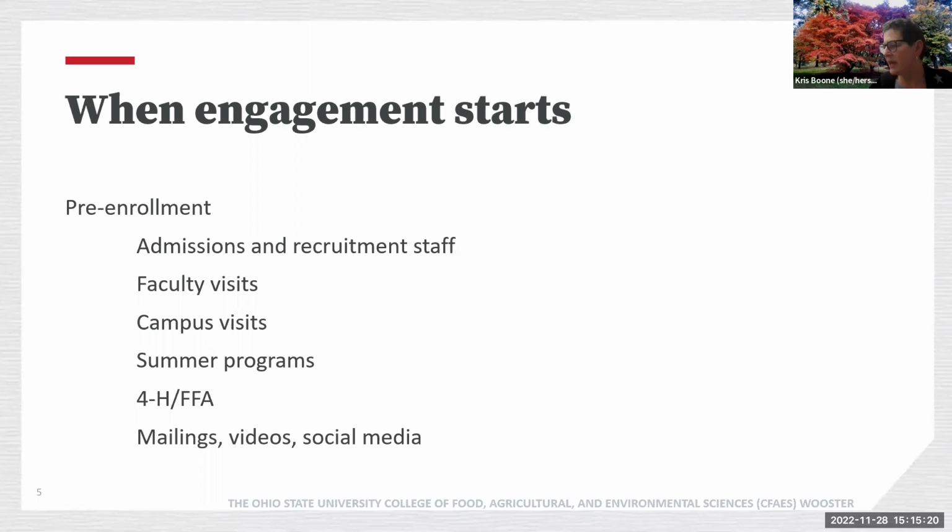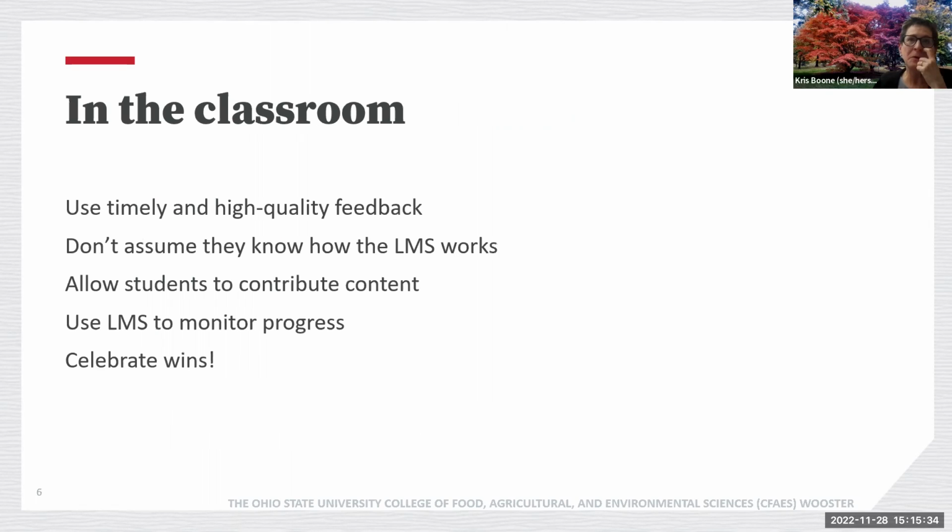I think the Tag to Teach Ag has been such a really neat campaign that has done a lot of work. It's really getting those students, making them feel that they're very much part of it already. In the classroom, certainly feedback is super helpful. And that's a way to engage with students.